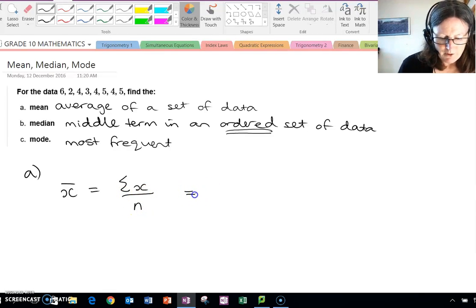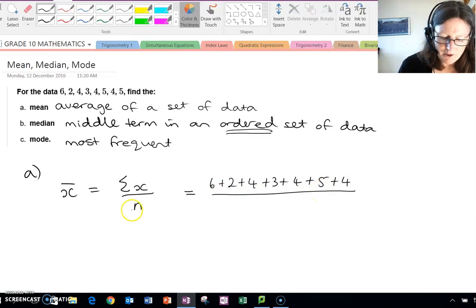So for the sum of all the scores, we add 6 plus 2 plus 4 plus 3 plus 4 plus 5 plus 4. So we add those all up and then we divide it by the number of scores. So 1, 2, 3, 4, 5, 6, 7, 8.